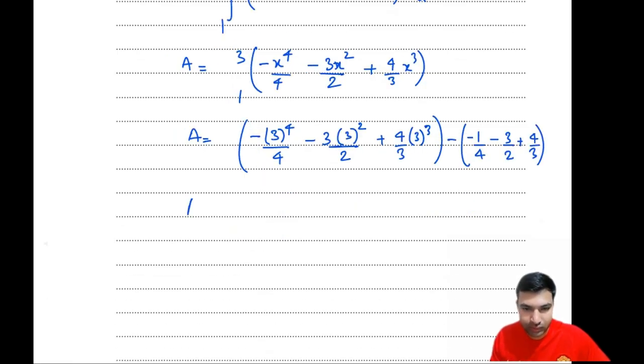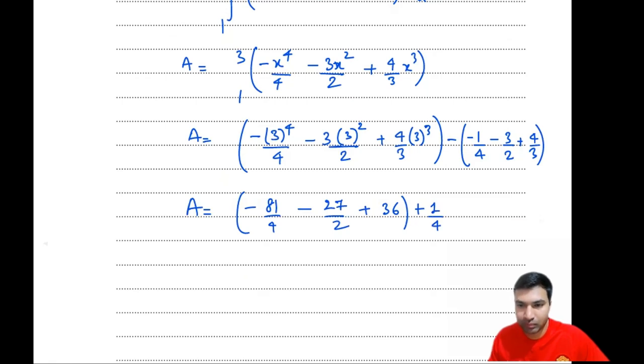So now solving it further, we get negative 81 over 4, negative 27 over 2, plus 36, minus times minus is plus. Let me open this bracket. Plus 3 over 2 minus 4 over 3.